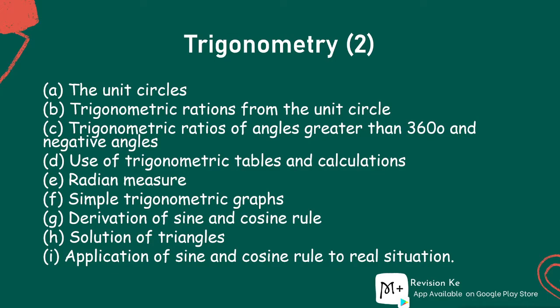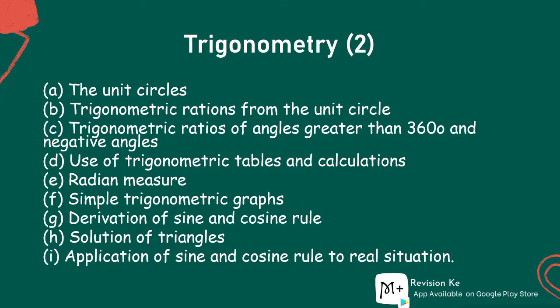That is, we should be able to define and draw the unit circle, use the unit circle to find trigonometric ratios, find trigonometric ratios of negative angles, find trigonometric ratios of angles greater than 360 degrees, and use mathematical tables to find trigonometric ratios of angles in the range listed. Check the description of this video for the detailed outline of this course.